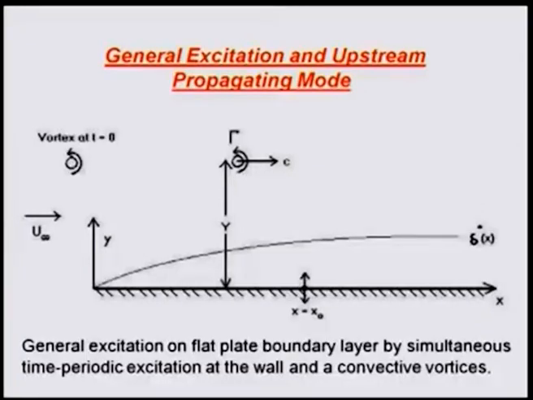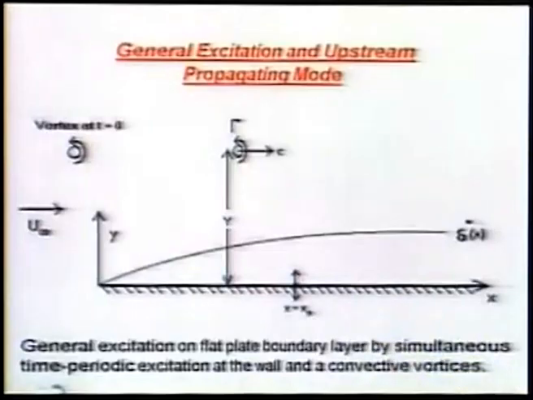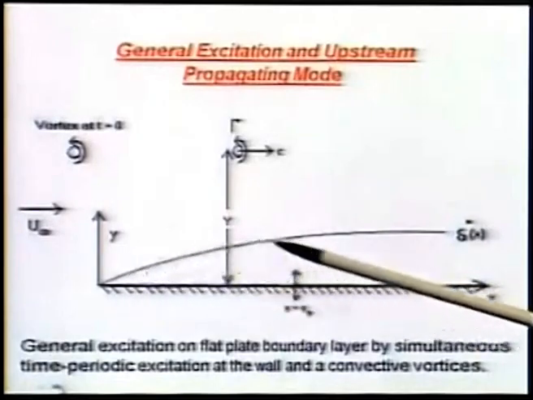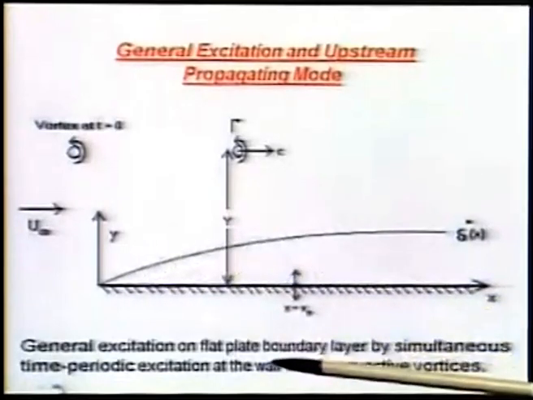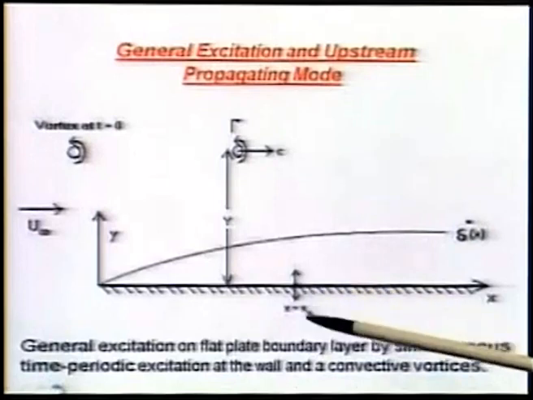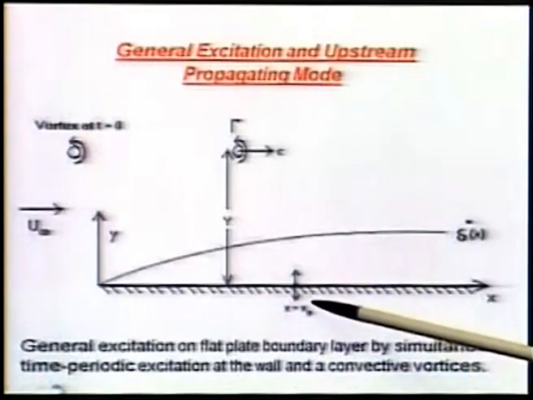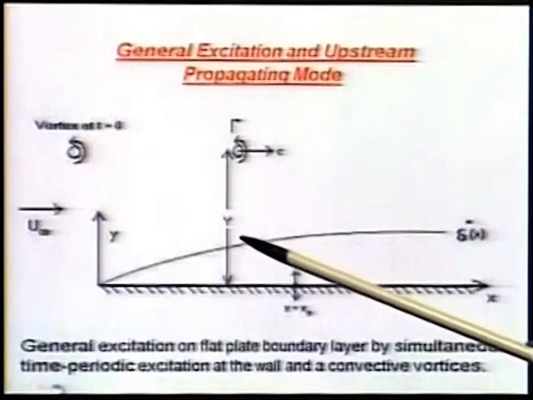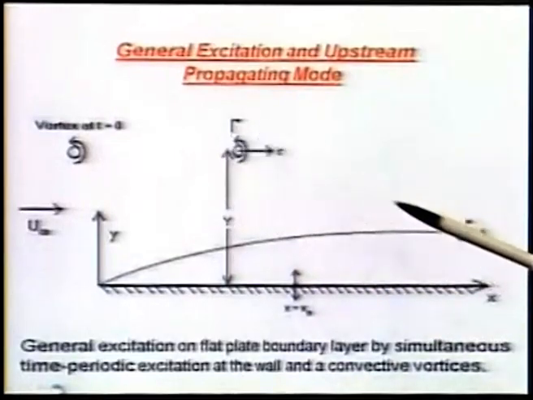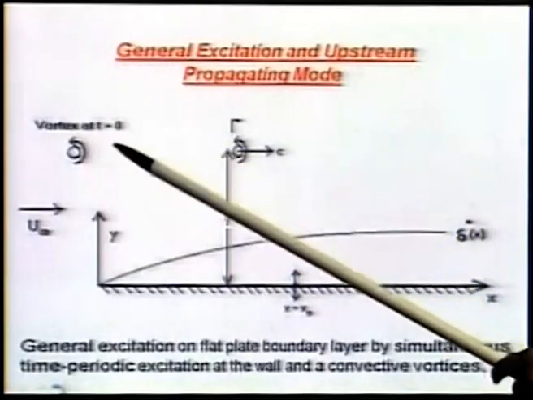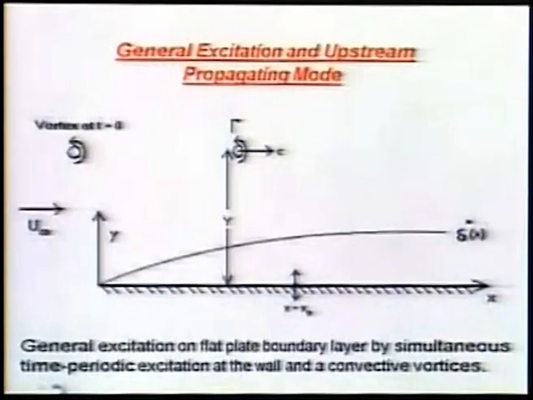Let us talk about a prototypical example here, and what we need to do is consider a shear layer growing on a flat plate, and then we have a wall exciter here. As usual, we have done this before, but in addition, let us say we have convecting vortices, a series of them coming, or maybe a single vortex coming.